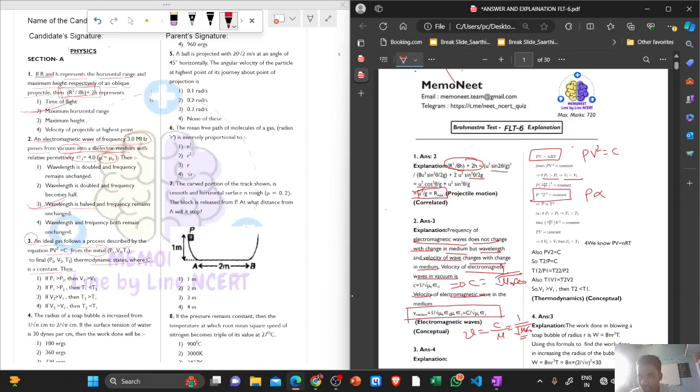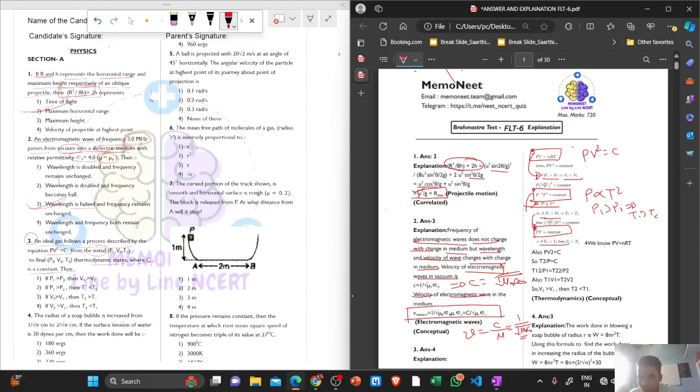Since P is directly proportional to T square, if P1 is greater than P2, that implies V1 is less than V2. If we use this relation, from the first relation we get this conclusion, from the second we get this conclusion, and from the third we get this conclusion.